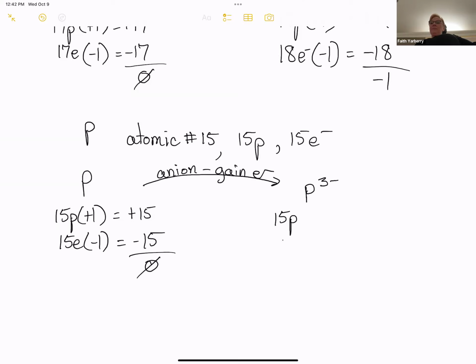And it has how many electrons? 18. And you can check yourself because it should add up to a -3.